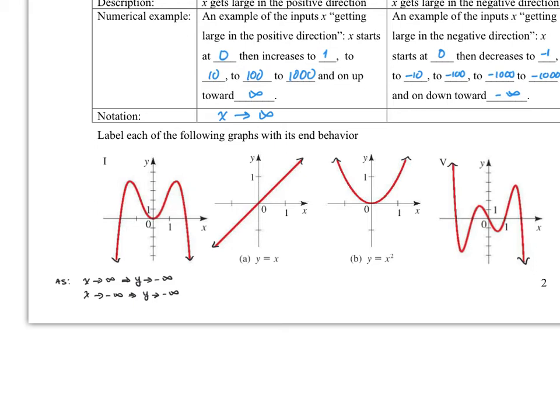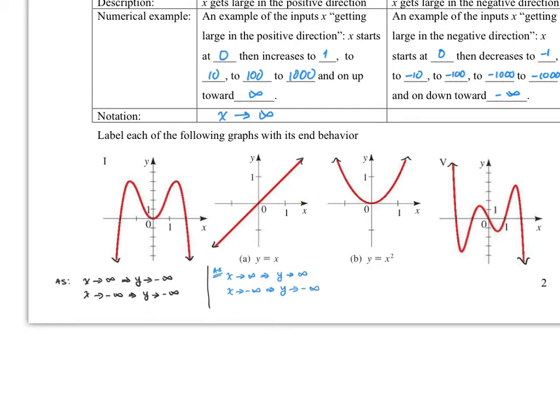So you have a graph, it should be obvious. So you look to this one, as x goes to infinity, you can tell right away that y is also going to infinity. And as x goes to -infinity, well, y goes to -infinity too. So you can see that here.